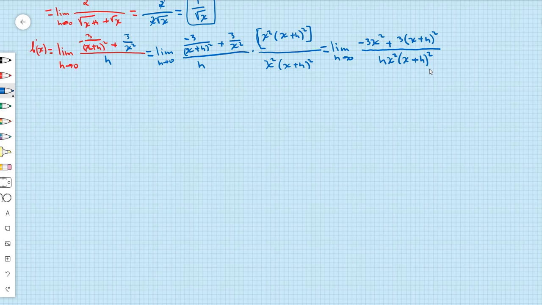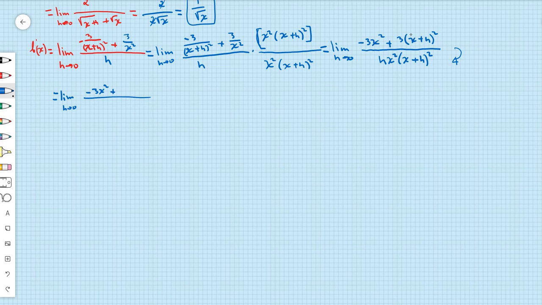So if we expand it, that goes at the bottom. We'll have the limit when h tends to 0 of negative 3x squared plus, now we're going to expand this term here, right?